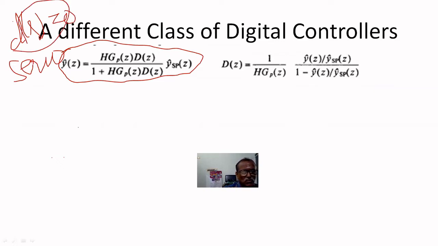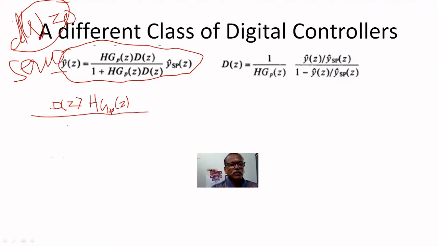If you assume disturbance equals 0, what is the forward path transfer function? D of Z is there in the forward path, that is the controller. After that, GP of Z is there, but it should be preceded by the hold circuit. That's why the forward path has HGP of Z. In the loop, we have the forward path HGP of Z and D of Z. In the feedback path, nothing is there, only unity feedback.